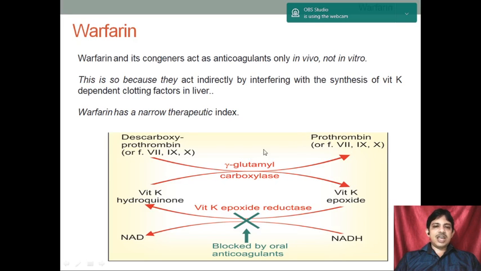These are the activated forms. And why is it happening? Because vitamin K hydroquinone is converted into vitamin K epoxide. This conversion from hydroquinone to epoxide is required for the activation of these clotting factors.